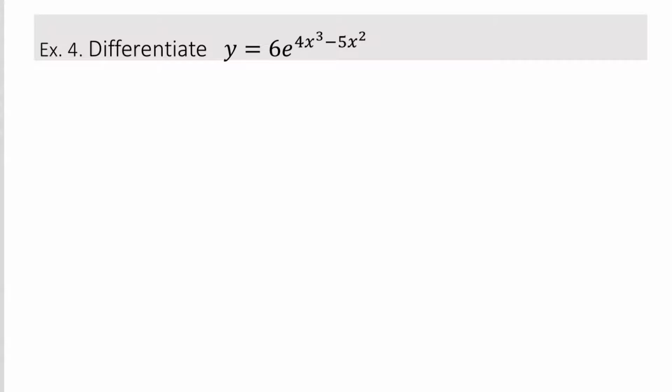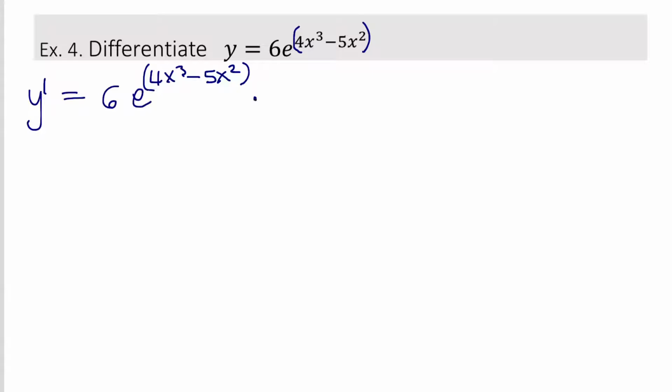So on this, we just have basically a multi-term exponent here to the e, but we're still going to use the same derivative formula. So y prime is equal to 6 e to the x, where our x is just this more complicated exponent here.